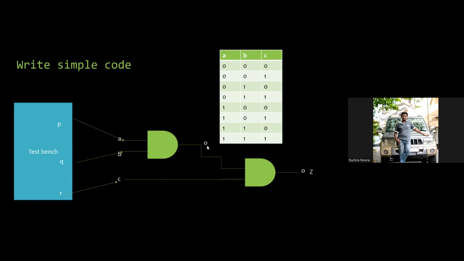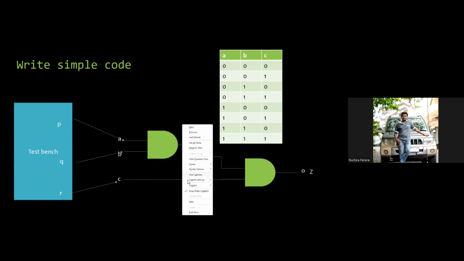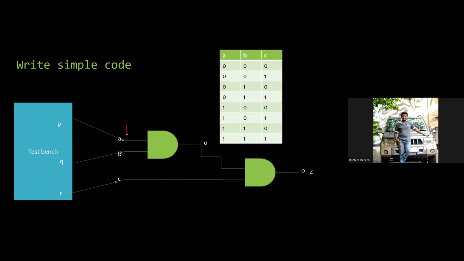What you need to do is create a variable here. This variable will be a reg type register. We are using reg to basically get the inputs, and then we can use wire for intermediate connections.